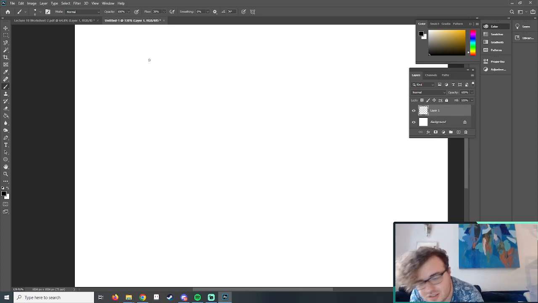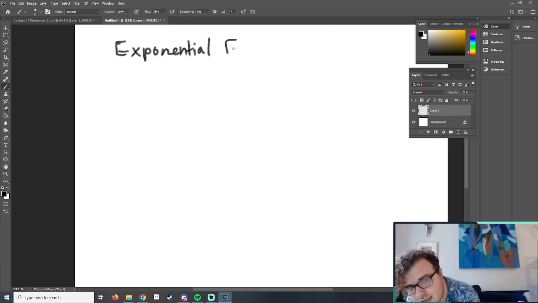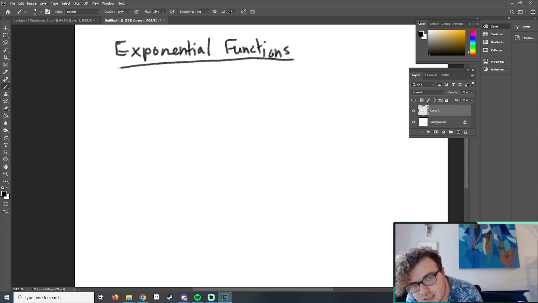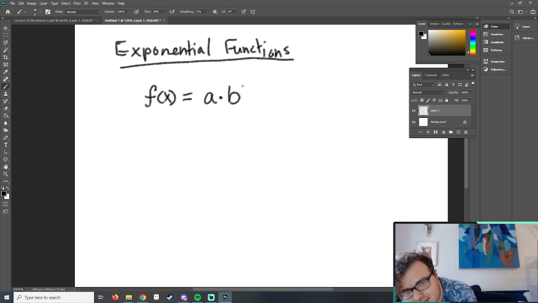So exponential functions are any function that has the form where the y value is equal to some constant times another constant raised to a variable power. So here we would interpret this a is just multiplied in once, but the b is being raised to some power. That power is equal to the x value.